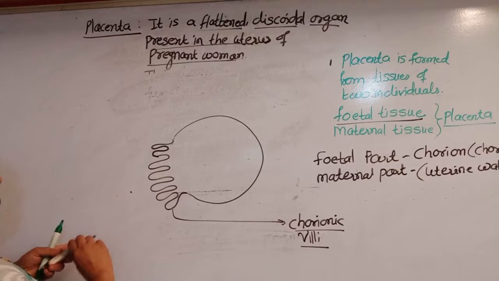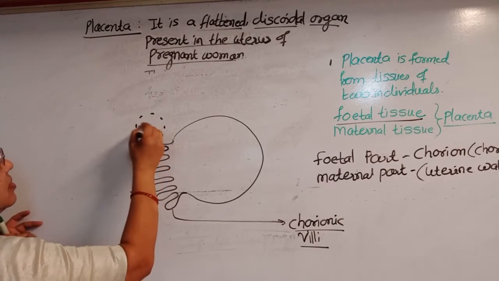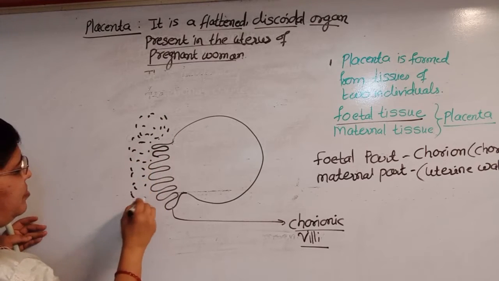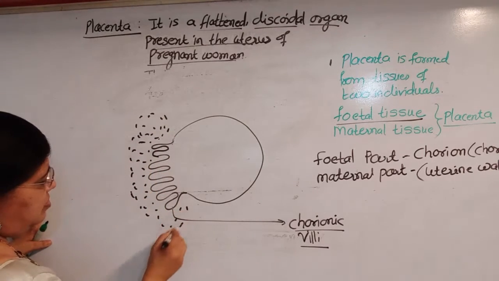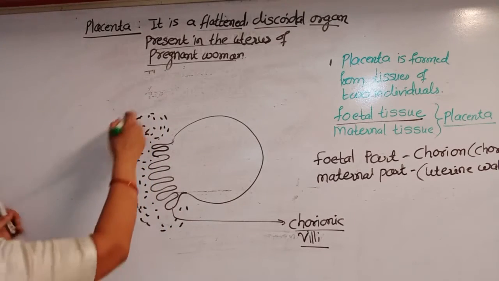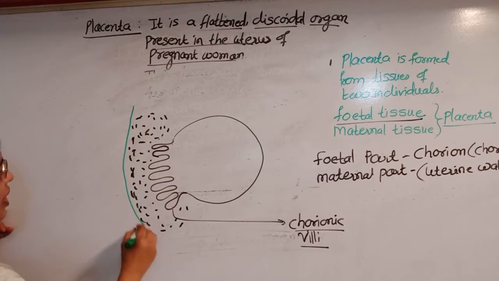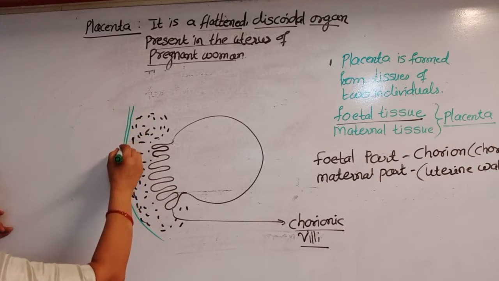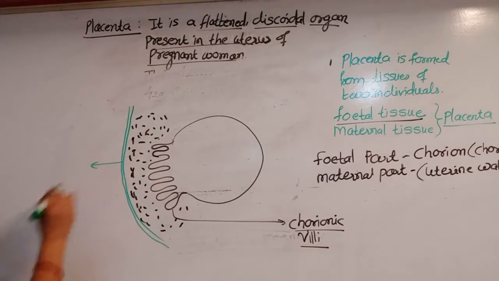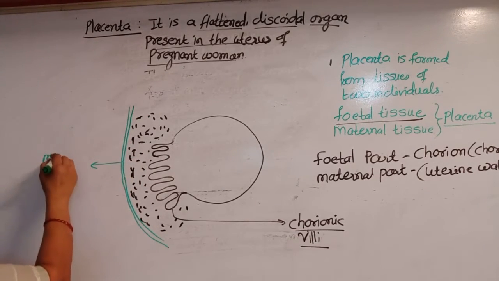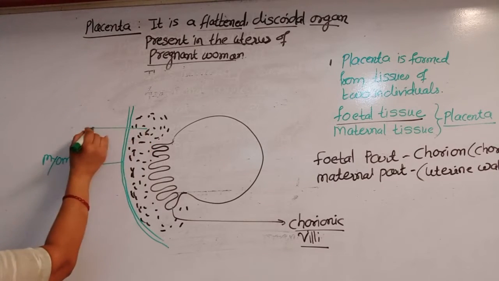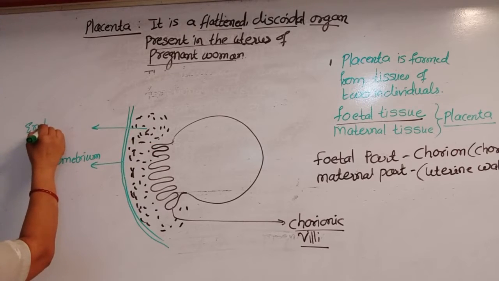See, this is endometrium, and beneath this endometrium the muscular layer of uterus, that is myometrium, is present.